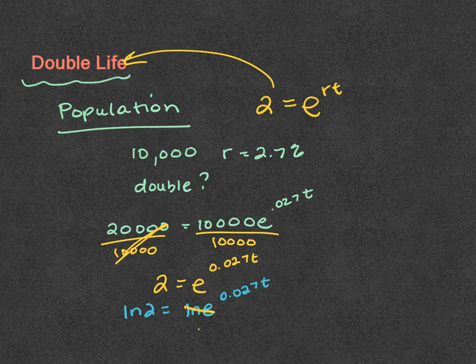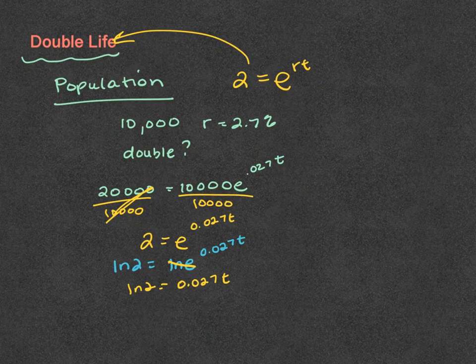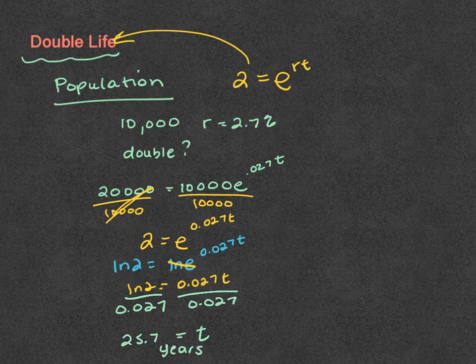The ln of e cancels. 0.027t would equal ln of 2. Divide both sides by 0.027. And I'd get ln of 2 divided by 0.027. And time is 25.7 years. So that's how long that population would take to double.